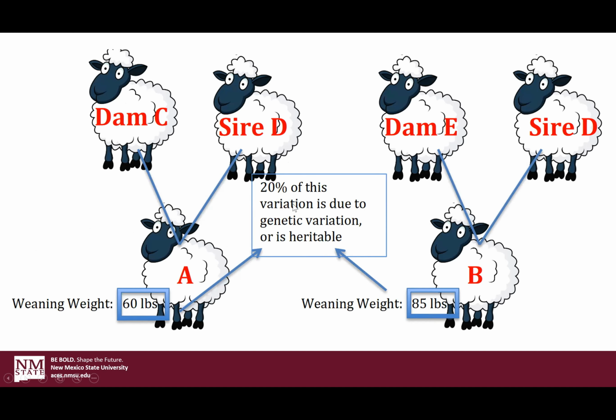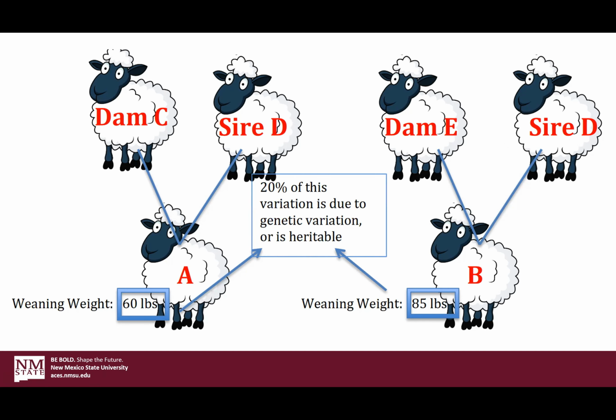So this 20% variation is due to genetic variation between the dams. Now you can easily flip that and improve it across your entire flock by getting a 20% higher performing ram. I hope that makes sense.